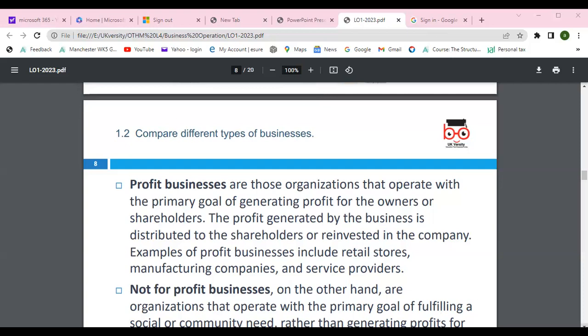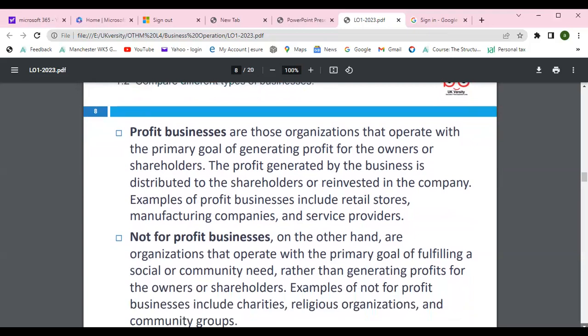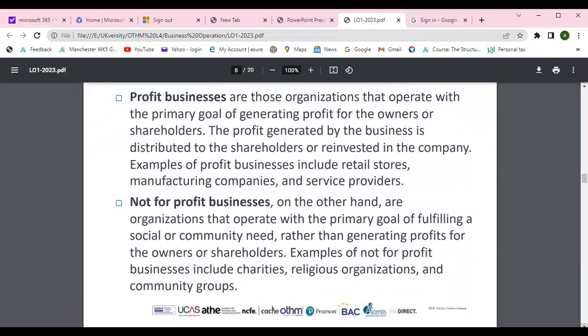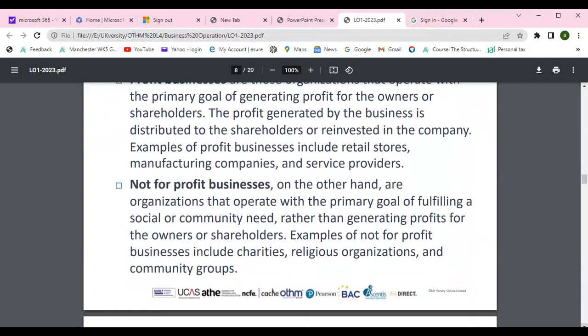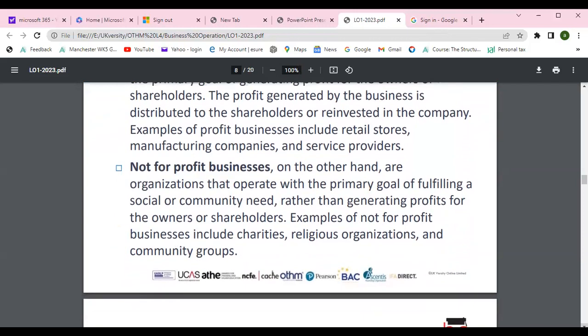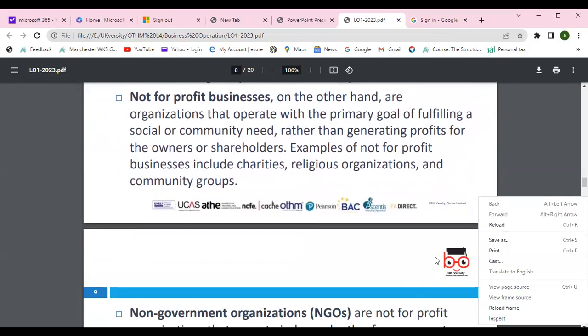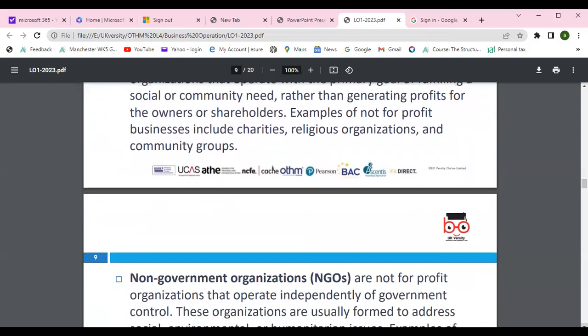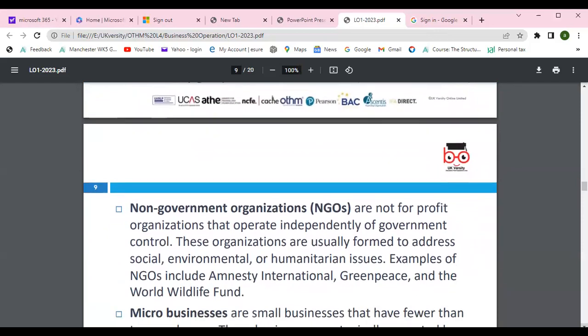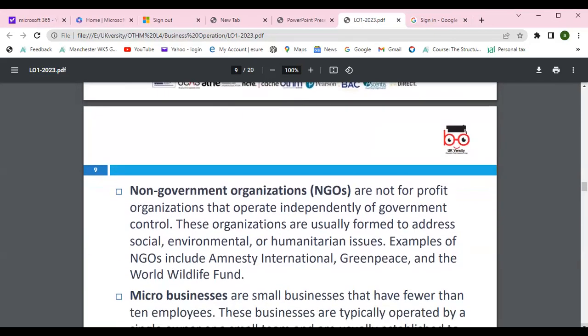Not-for-profit are charities and all other community organizations. Religious, like an NGO, like a charity, helping hand, human welfare. NGOs are non-governmental organizations, not-for-profit organizations.